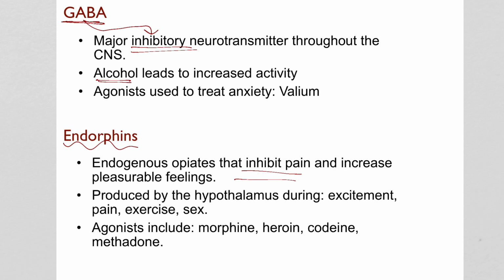But that's also why they have a high potential for addiction, because they make people feel so good and effectively impervious to pain. And so morphine, heroin, codeine, methadone, fentanyl, all the way down to opium, all of those drugs are agonists to this endorphin category.